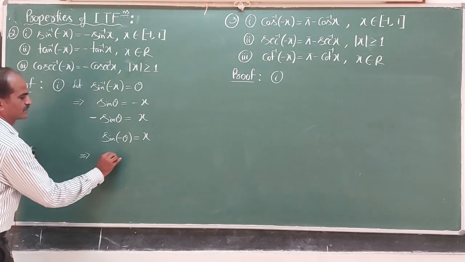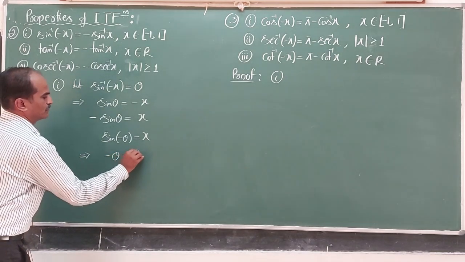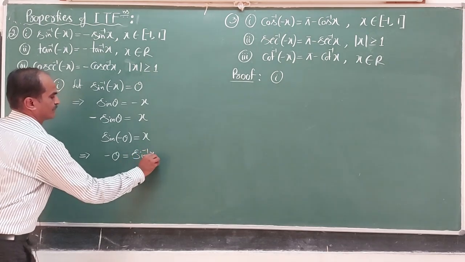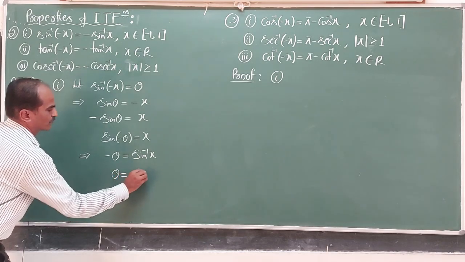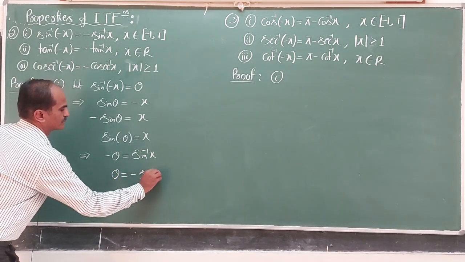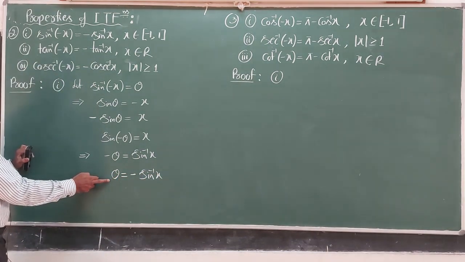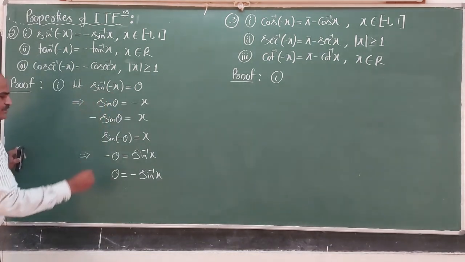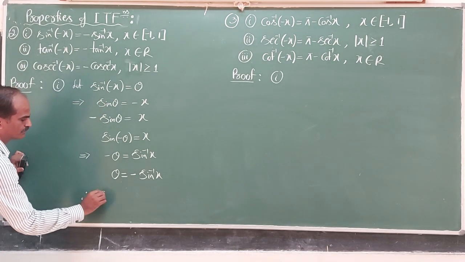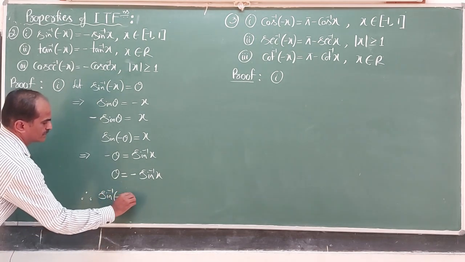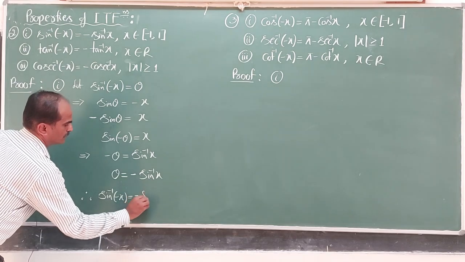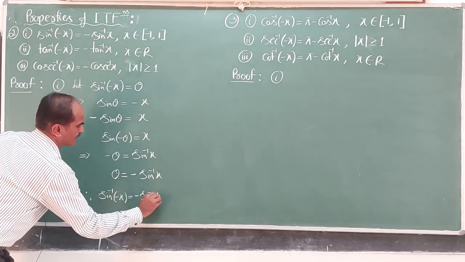It implies minus theta equal to sin inverse x. Again multiply both sides by minus sign, theta equal to minus of sin inverse x. Resubstitute theta finally. What is theta? Sin inverse of minus x. Therefore, sin inverse of minus x is equal to minus sin inverse x.